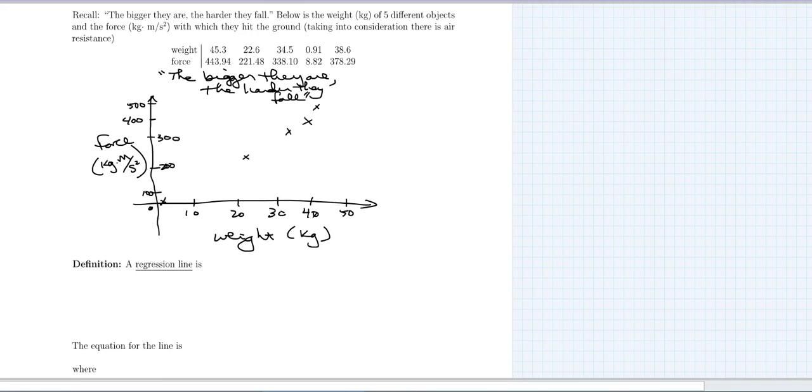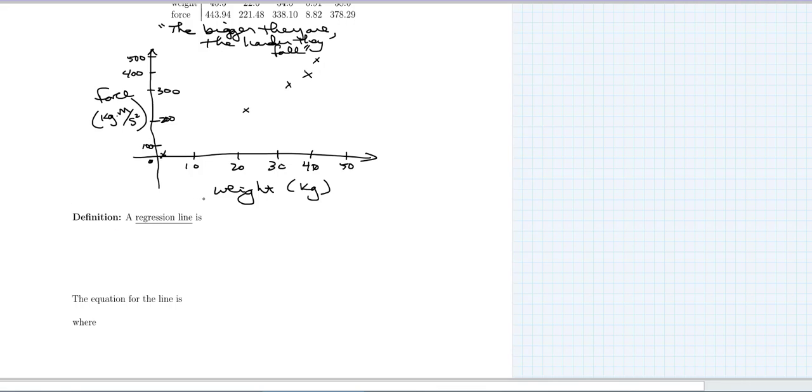Okay, so what is a regression line? A regression line is a straight line used to predict the outcome, or the y values, given a value of x.